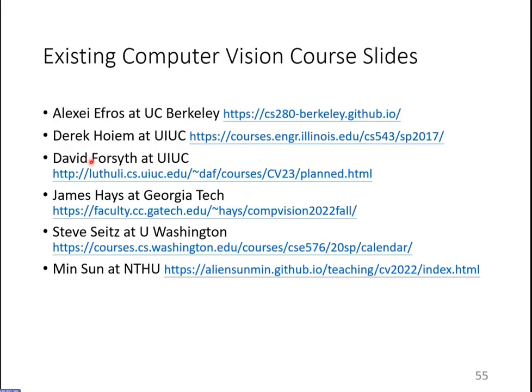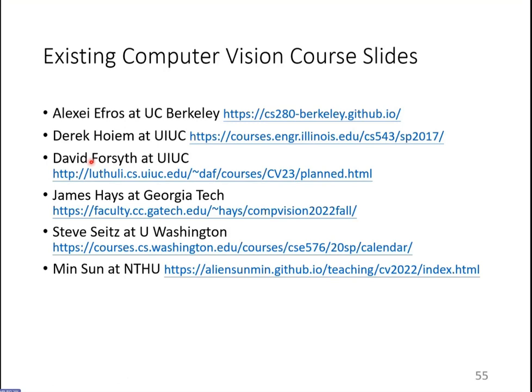Right, let's continue. UC Berkeley, do you know this university? University of California at Berkeley. And UIUC, University of Illinois at Urbana-Champaign. And Georgia Tech, the Georgia Institute of Technology, of course in Georgia.